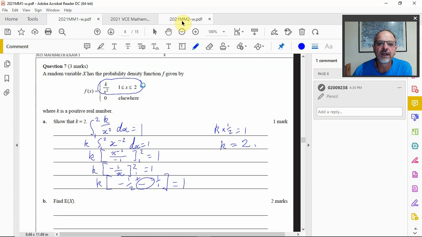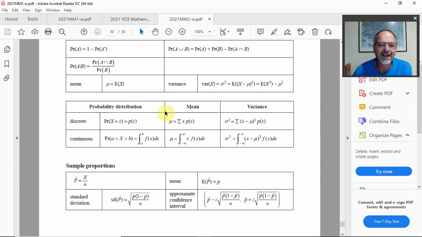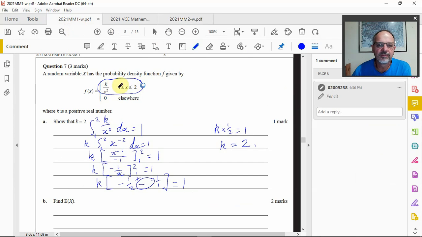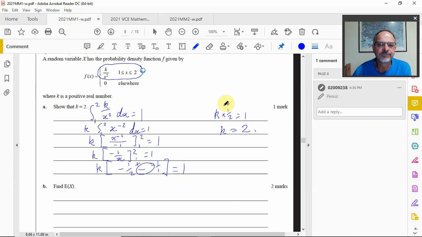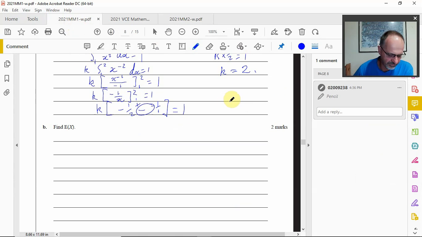So the expectation value of x, E(x), is the mean, and for a continuous function, here it is, it's an integral of x times the function, from negative infinity to infinity, that's nominal, it's just the two end limits on your probability density function.